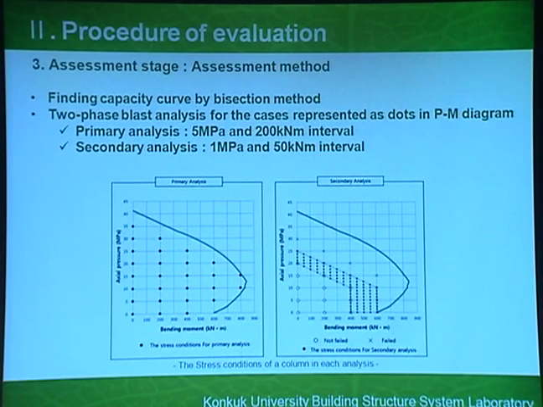The last part is the assessment method. We have to find out how much blast load the column can resist, so we have to find some curve. This dot represents some initial conditions. For example, this dot means the column is subjected to 20 megapascal of axial stress and 200 kilonewton meter of bending moment.